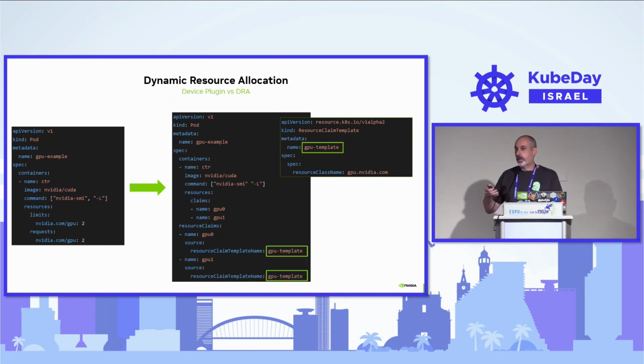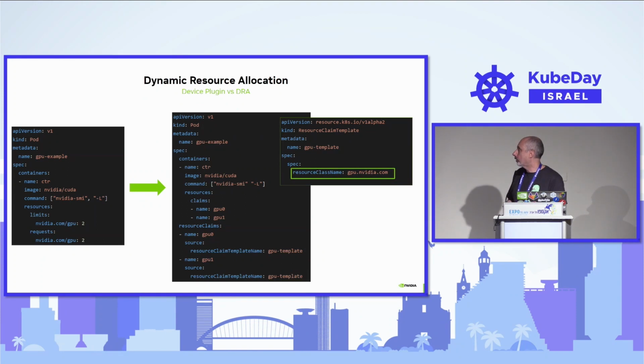And each time that we reference this resource claim template, a new resource claim will be created with a spec defined in the resource claim template. So the idea is that every time you refer to a resource claim template, a new resource claim is created. It's not reusing an existing one. And lastly, we can see that in the spec, we have a reference to the resource class.